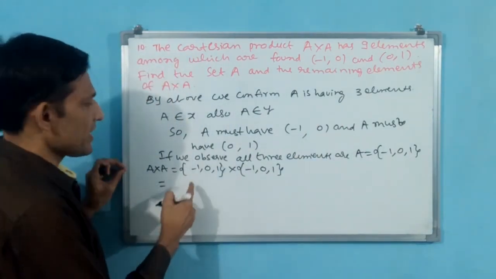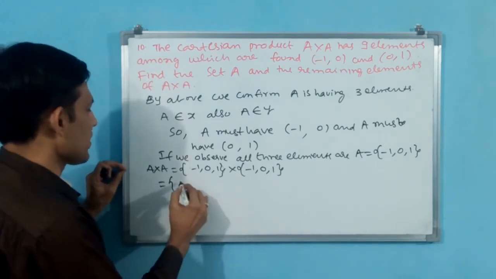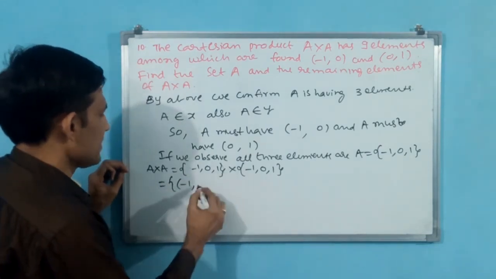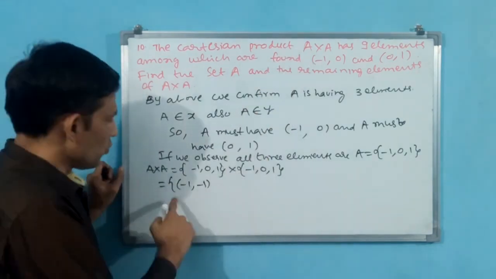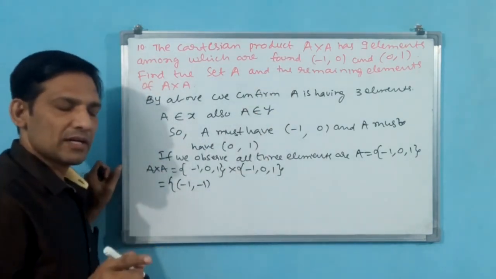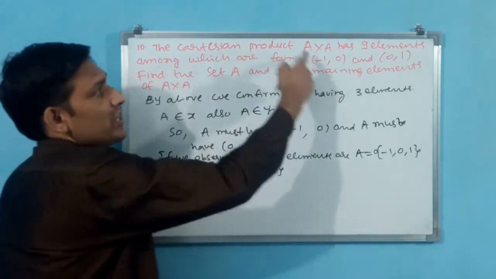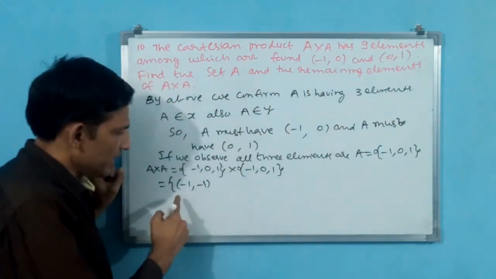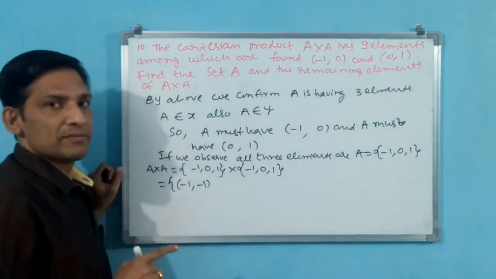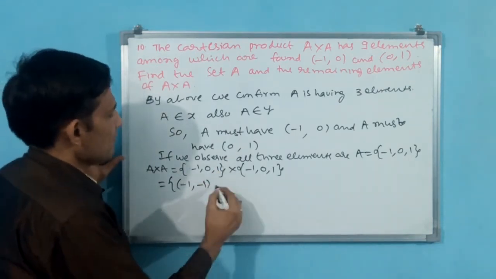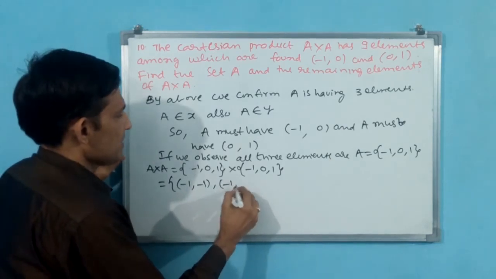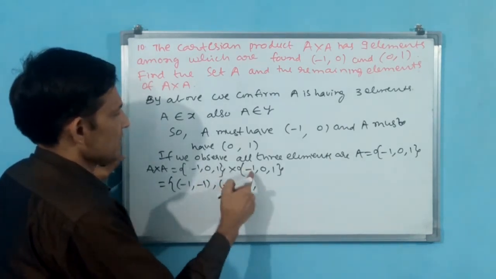Okay, here first you write all that comes in the product. This is only one cross product, two XY elements, Cartesian elements only will come. A cross A means pairs, each pair has elements. -1, -1, -1, 0, -1, 1.